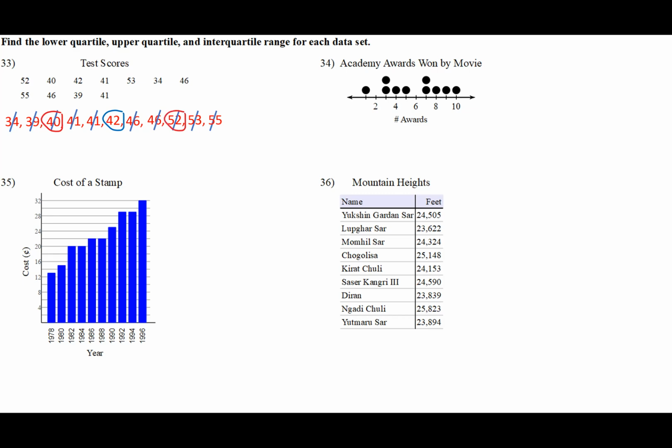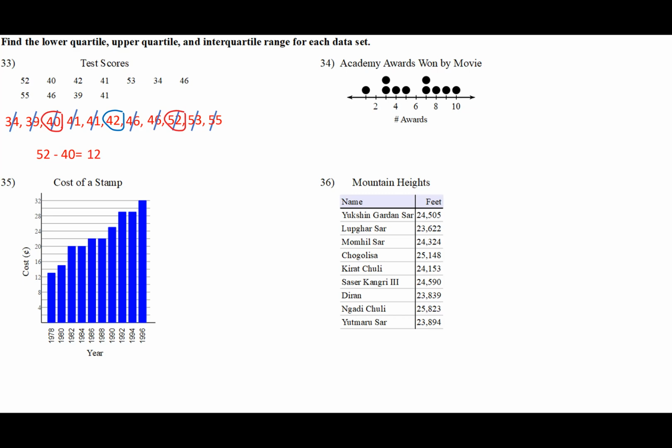That's my upper quartile. 52 is my upper quartile. So if I needed to know the lower quartile, it's 40. If I needed to know the upper quartile, it's 52. Now the interquartile range, I'm going to subtract those two. I'm going to subtract upper quartile minus lower quartile. So in this case, let me go 52 minus 40.